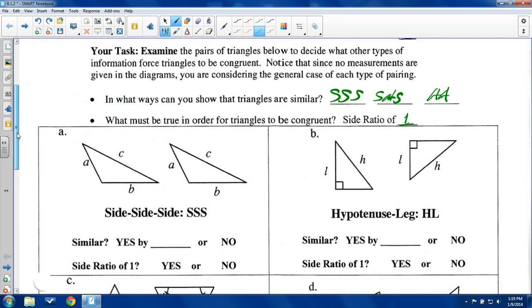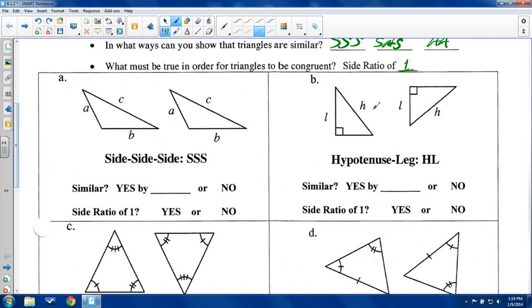Okay, I'm going to go through this not necessarily in order, because I want to save HL for last. It's not harder, but maybe it just has a different explanation to it. We're going to look at these and say whether or not they're similar. I have a side here congruent with that side, and so on for each side.